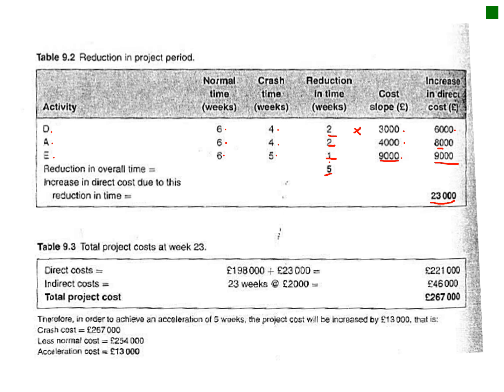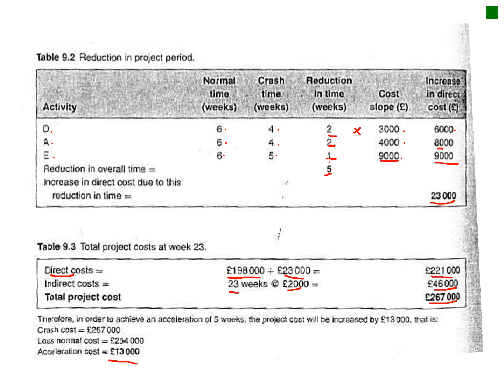Okay, so just doing that calculation, your direct cost is thus 98,000 plus 23 to give you a new direct cost, and then your indirect cost is now, instead of 28, it's now 23 times 2,000, which is now 46,000, and then it is those two together, so now we've got a cost of 296, which is slightly higher than our initial 254,000 pounds. So there was an acceleration cost of 13,000 pounds.